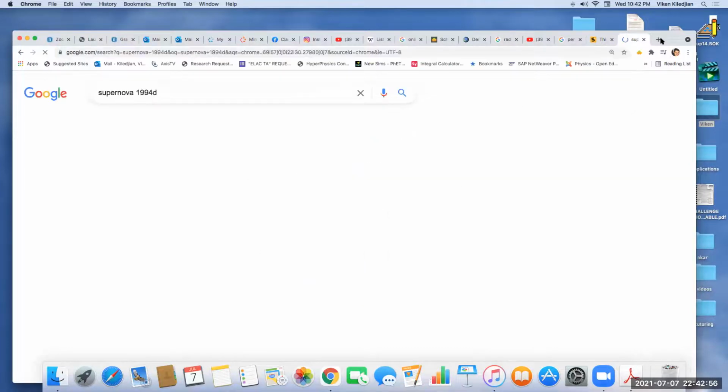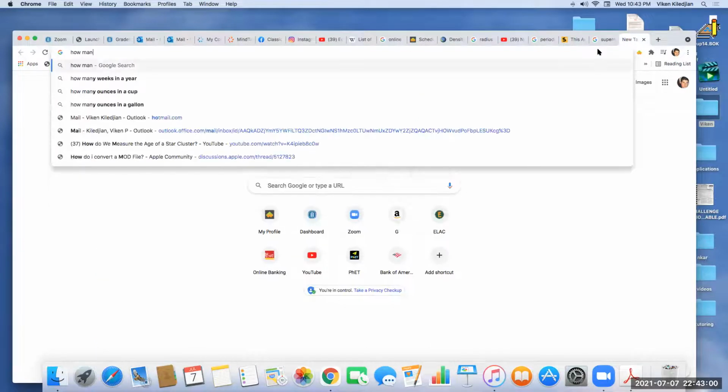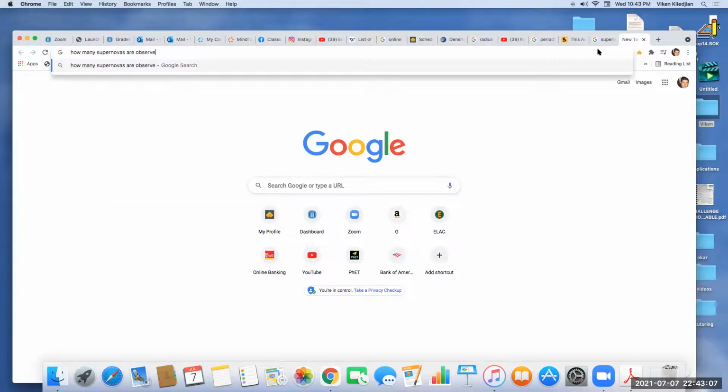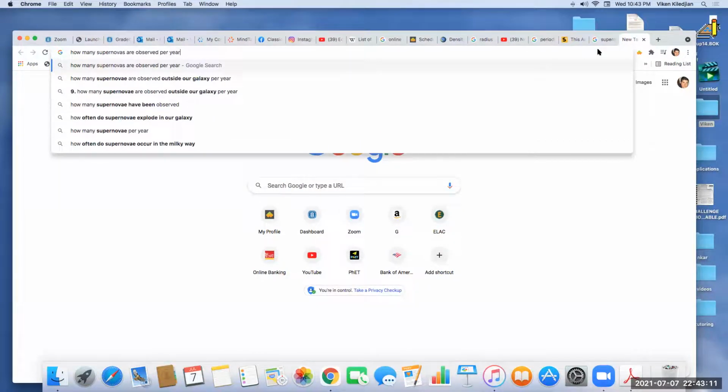By the way, how many supernovas are observed per year? It's kind of like how many hurricanes there are in a year. With hurricanes, we name them with a person's name, like Hurricane Amber, let's say.